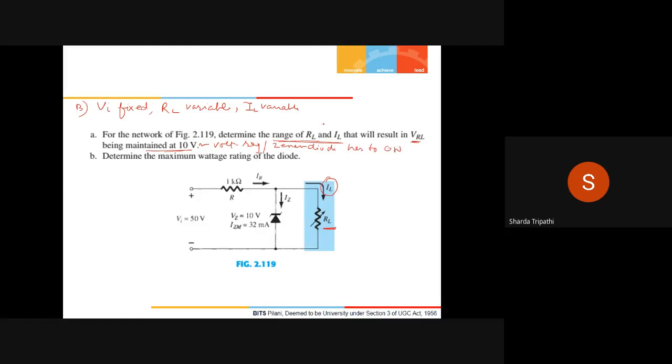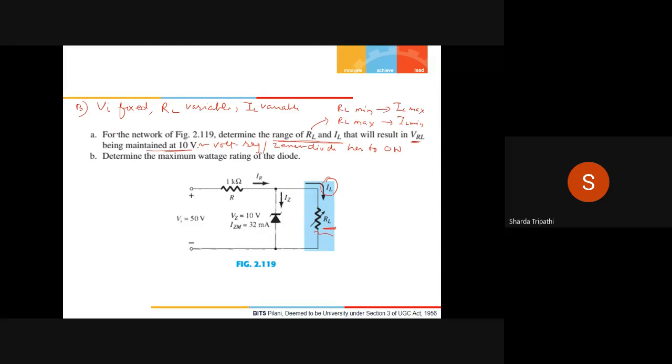So what to do? We need to find out the value or range of RL. That means एक RL min चाहिए और एक RL max चाहिए. इसके corresponding you will have IL max and इसके corresponding you will have IL min. So how do I do? I know that if I have to maintain this 10 volts across this load resistance, ये diode को on होना चाहिए.